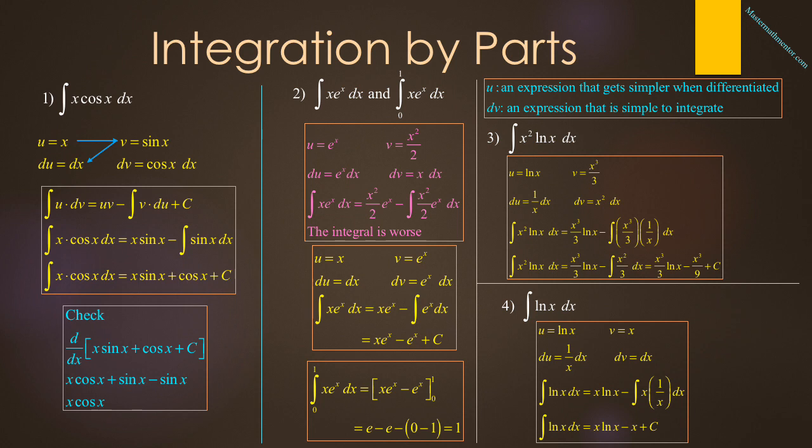Therefore, our integral is x natural log of x minus the integral of x times 1 over x dx. And x times 1 over x is 1, and the integral of 1 is x. So our final answer is x natural log of x minus x plus c. Again, verify by taking the derivative.